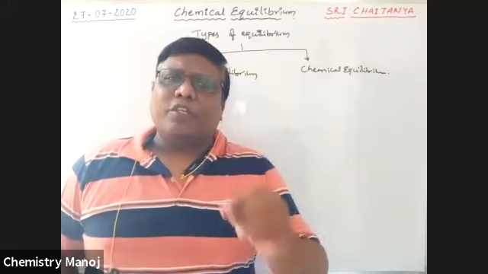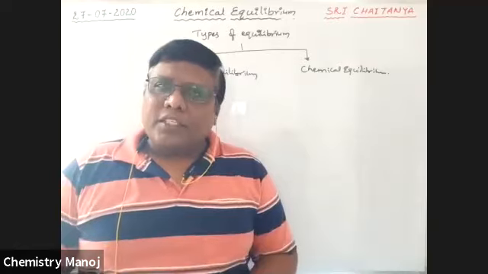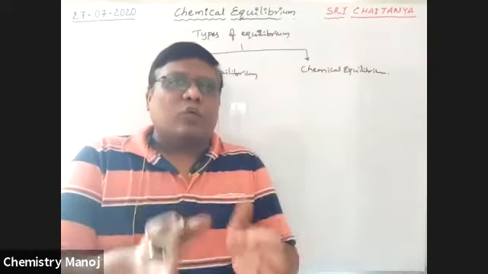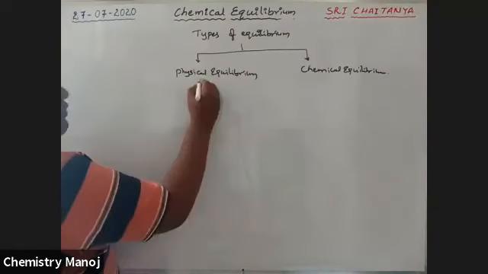What is physical equilibrium, sir? What is chemical equilibrium? There is equilibrium in both cases, but in physical equilibrium the chemicals are not changed, only the physical states are changed. For example, phase transitions.